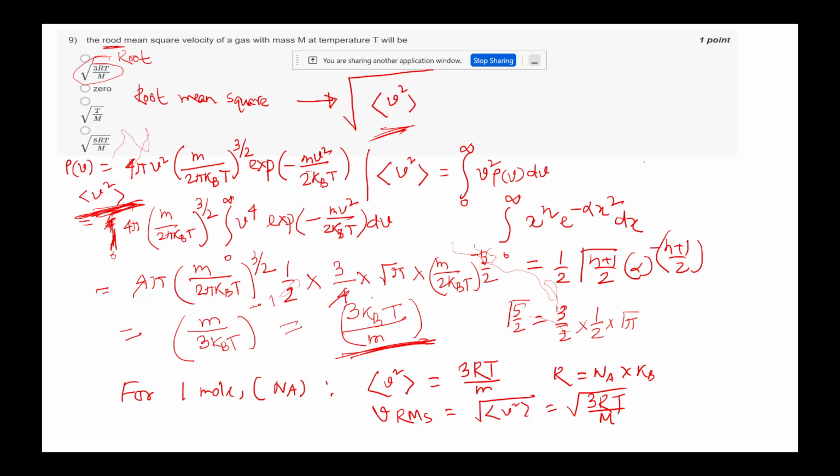Okay, so if time permits today, I will give you a good argument from the physical point of view, so that whenever you calculate this RMS speed, you can calculate it pretty quickly. So hold on, we'll talk about it later, but I have to finish all the problems first.